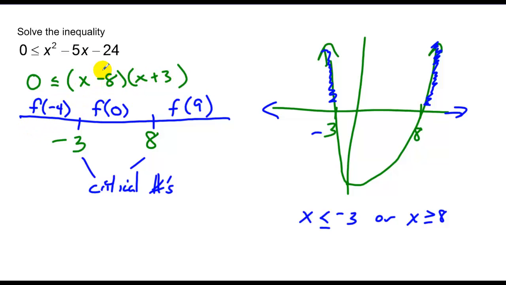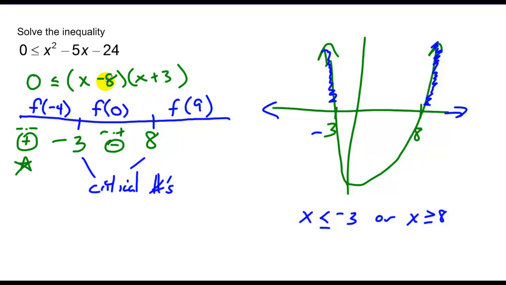So notice, plug a -4 in, I get a negative multiplied by a negative, and that equals a positive. A positive is greater than 0. That's a good answer for me. If I plug a 0 in, I get a negative multiplied by a positive, which ends up being a negative. That's not a good value.